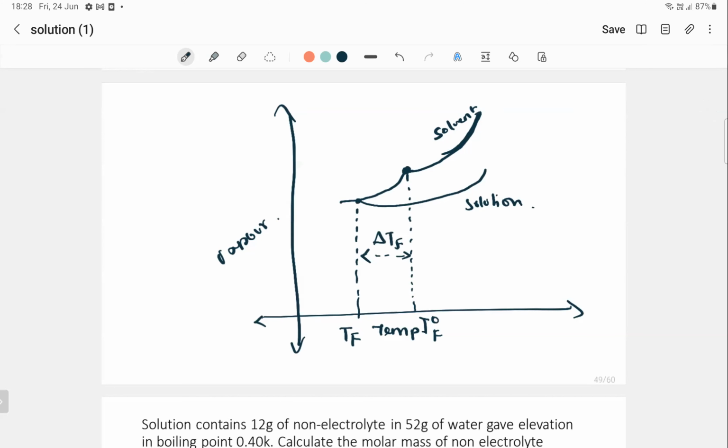Everything is there in your book itself. Clear? This is the point where the equilibrium is there. The number of solid particles and liquid particles will be equal. Again, if it is freezing completely, your solid will be converted. Here the solution is also similar. Clear with this depression in freezing point?